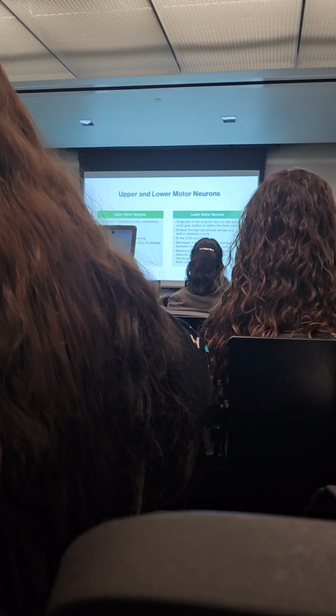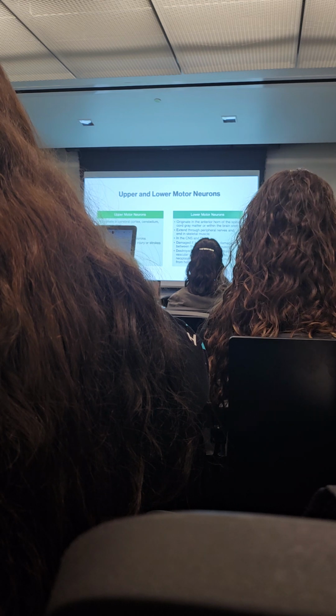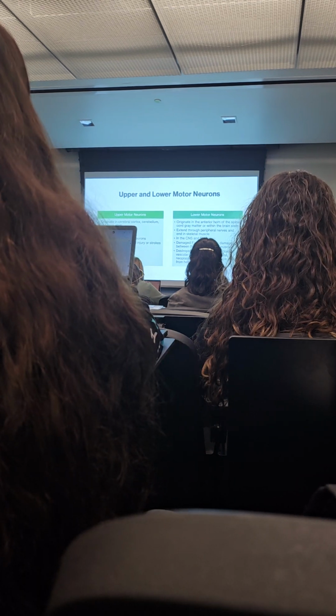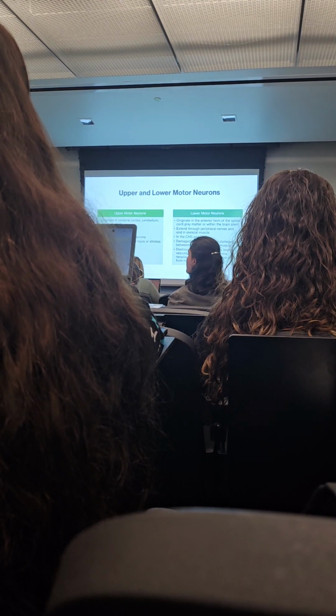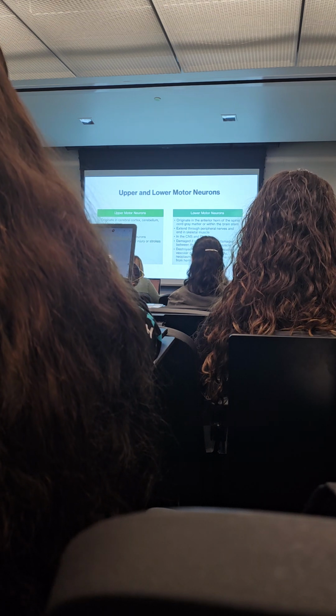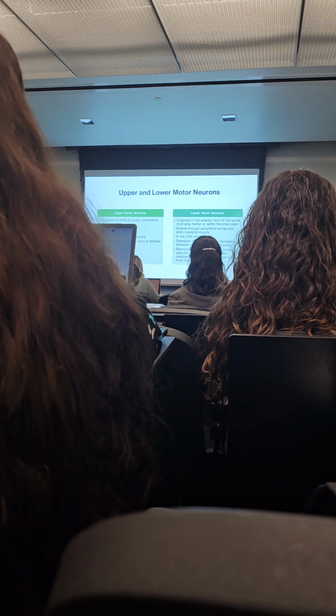I don't have any movement with lower. Does that make sense? Still paralysis. Okay. But where upper motor paralysis, I'll still have spasms, like muscle spasms. I won't have that with lower motor paralysis.